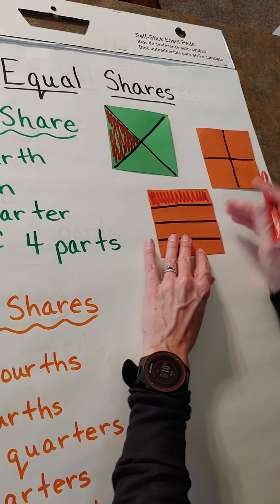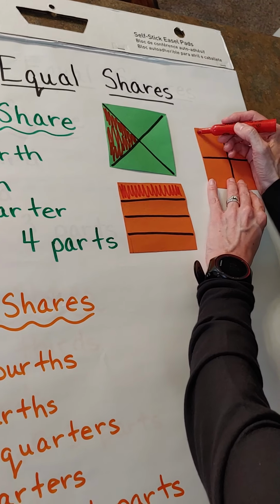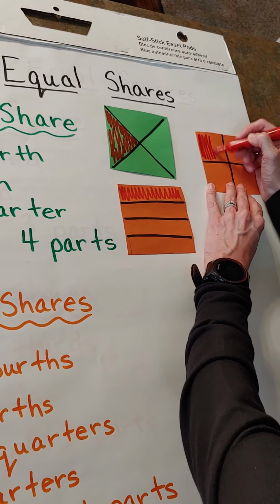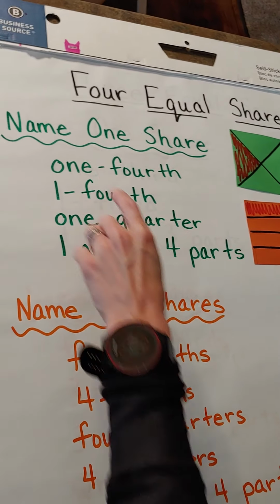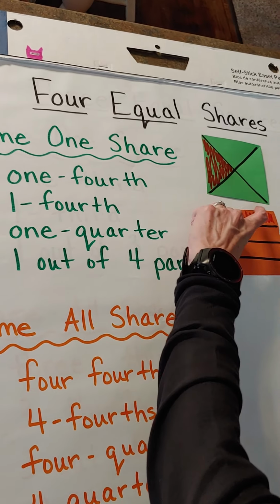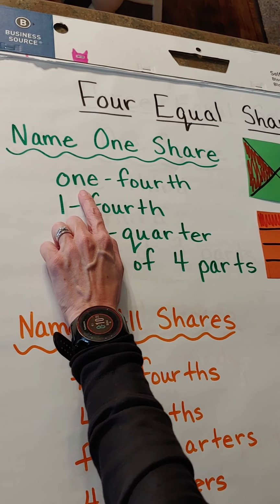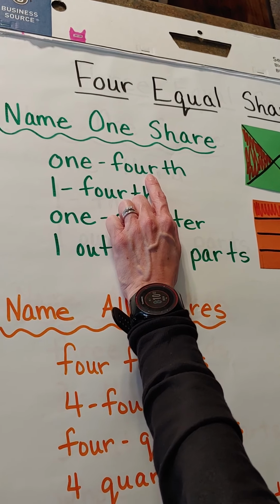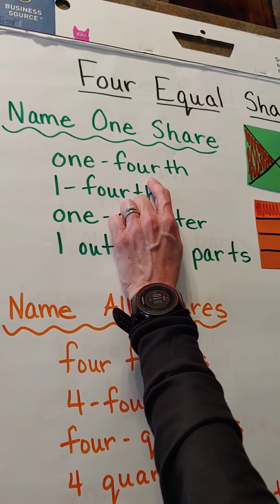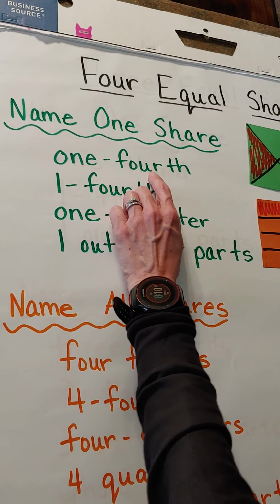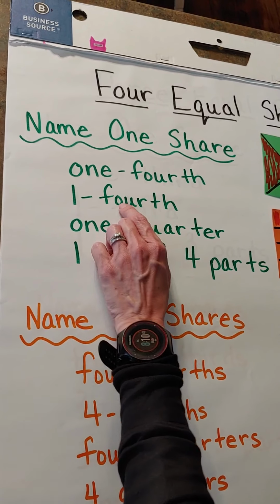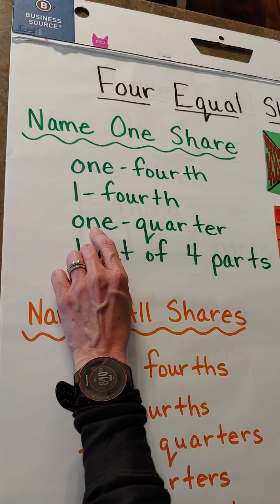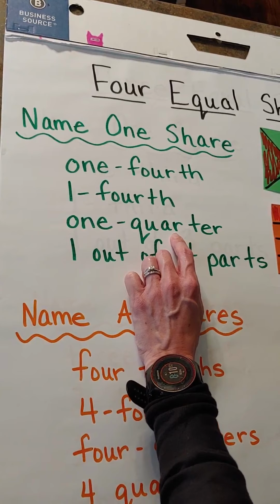Some people might, if I just wanted to name one share like I did here, say 1/4. I bet when you're cooking at home, you might say, I need 1/4 cup of flour. You could also say 1-4, the word, 1/4.